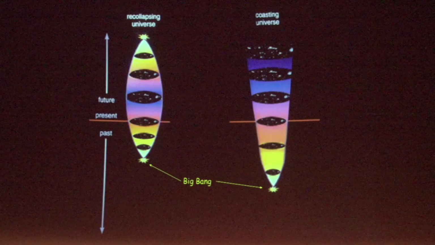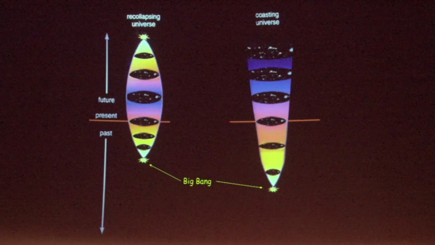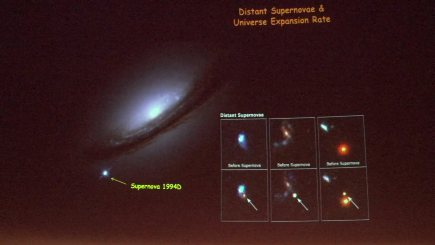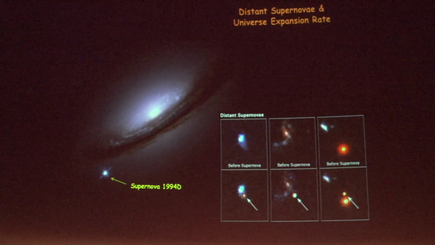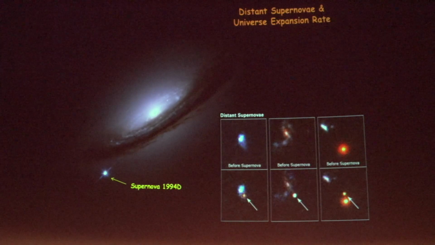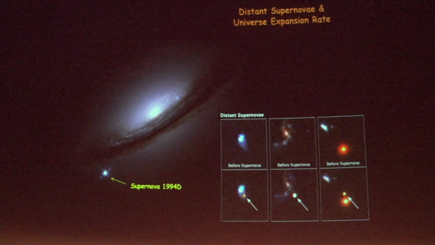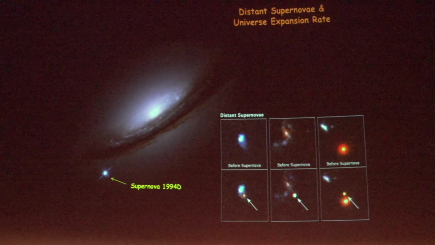So some of the really important early programs on the Hubble telescope were devoted to trying to determine what the rate of expansion was and what the density of galaxies was, how strong this gravitational force was. And those teams determined the velocity of the expansion.